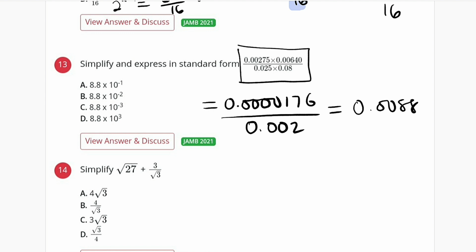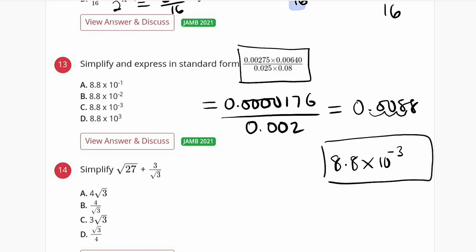So in standard form, this point is going to be migrated 1, 2, 3. So this becomes 8.8 times 10 raised to the power of negative 3, because we are coming from the left to the right, so the power is negative. But if you're coming from the right to the left, the power will be positive. So we have option C here.